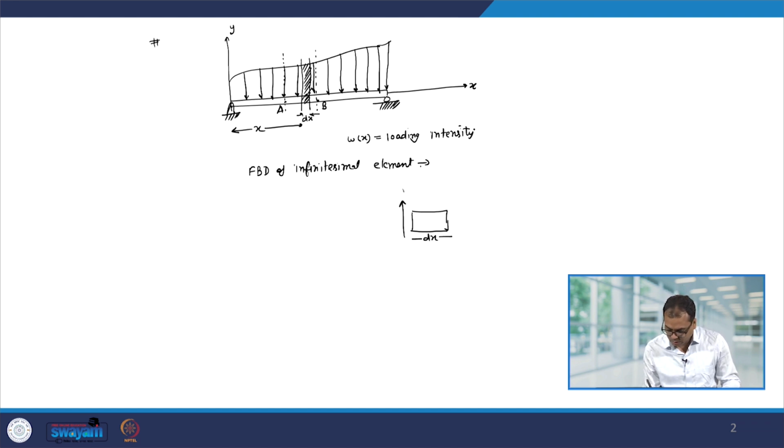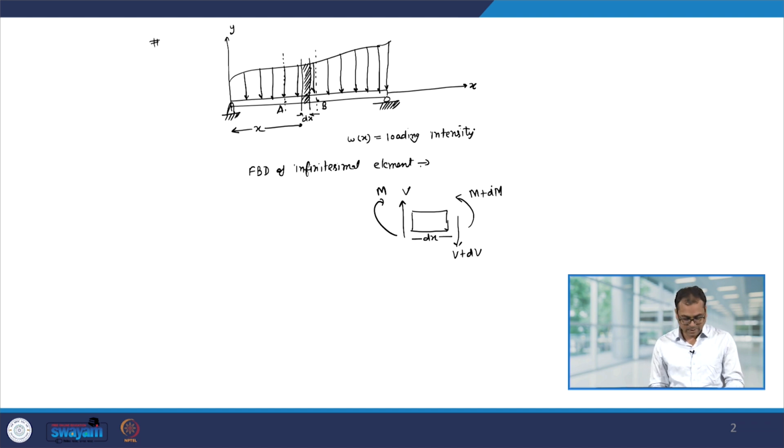So, we have the force V and the moment M, and on the right hand side we will have, let us say the force acting downward, V plus dV, and the bending moment M plus dM. Okay. Now, this part will also have the load.